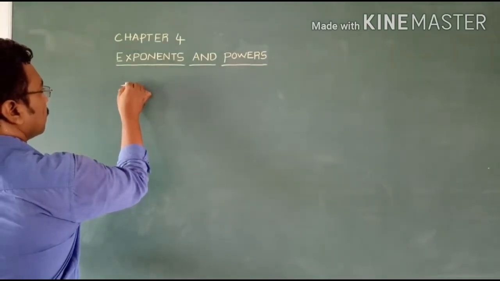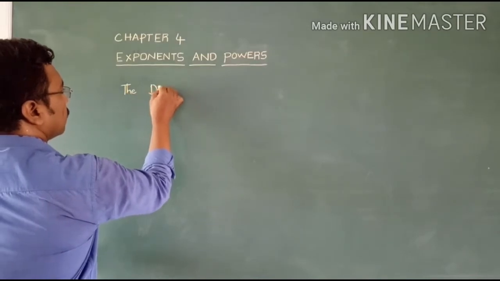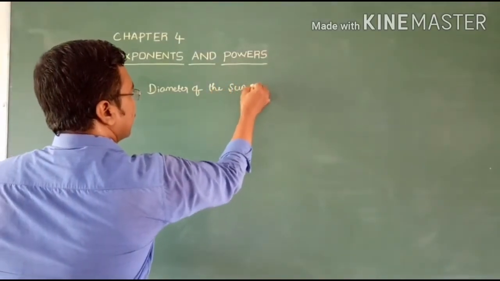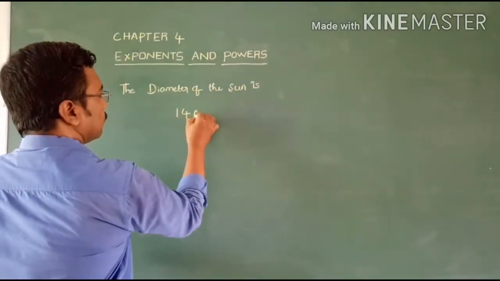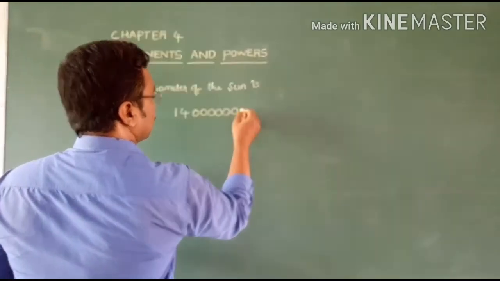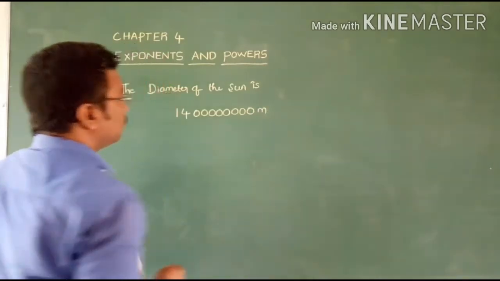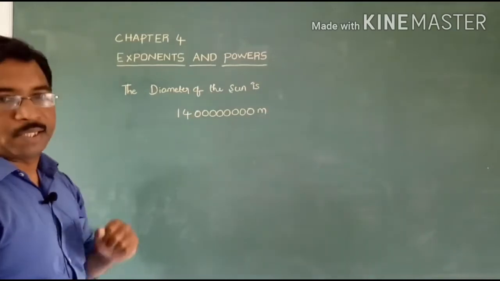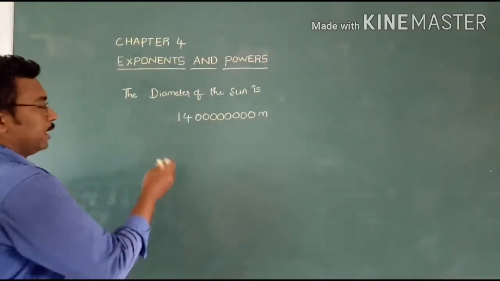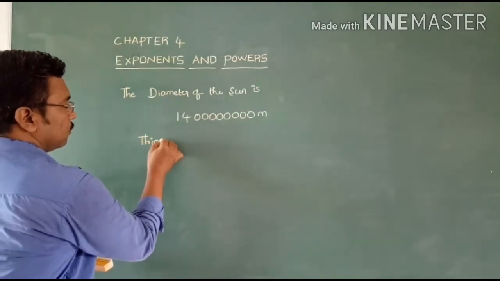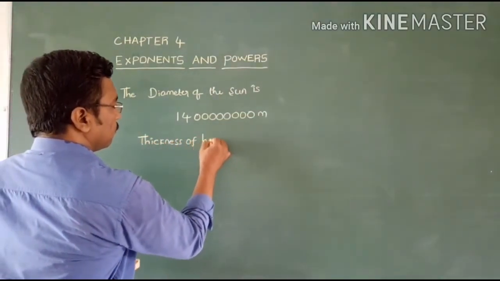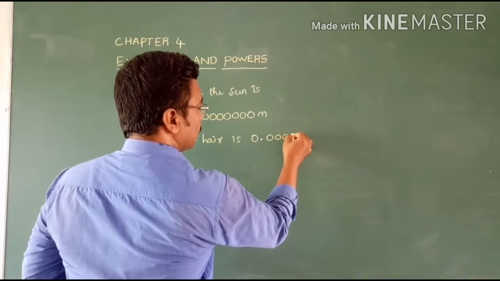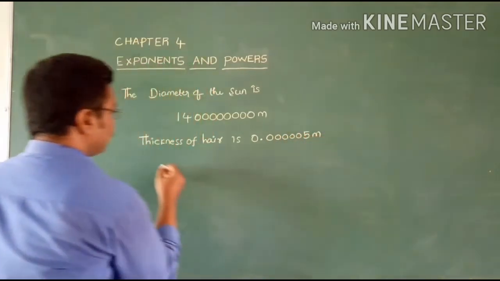See here, the diameter of the sun is 140 crore meters, and the thickness of a hair is 0.000005 meters.